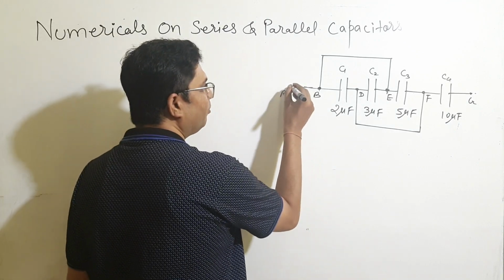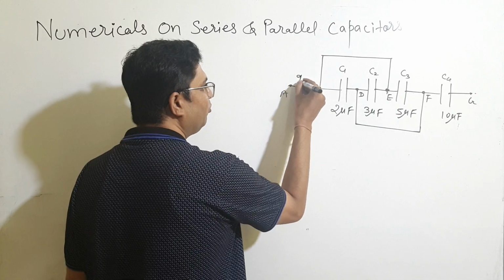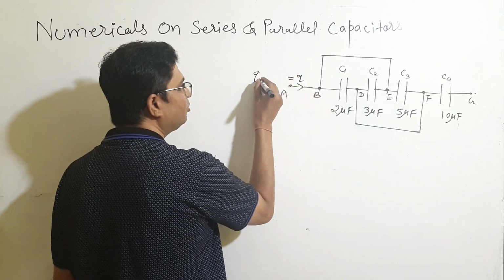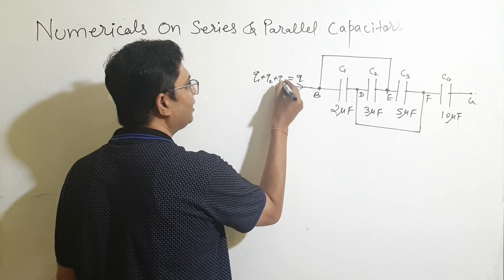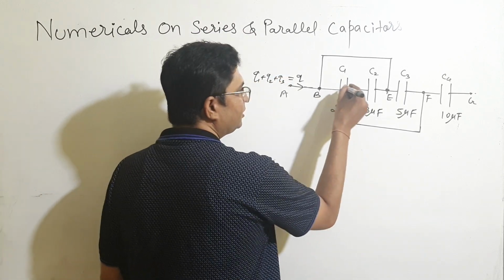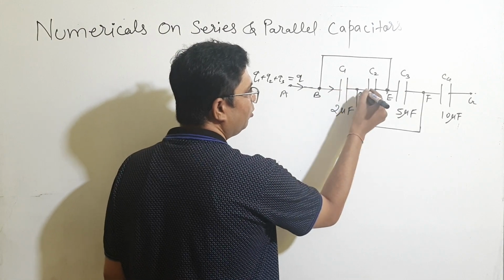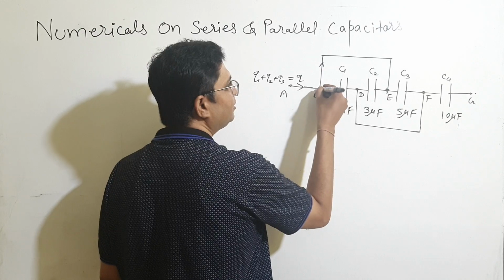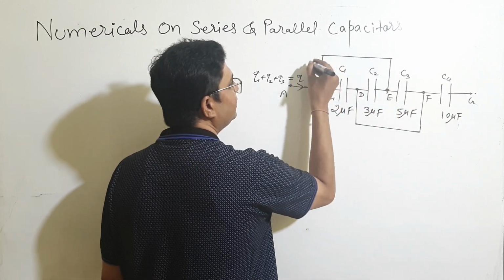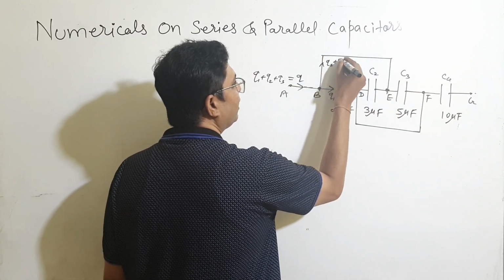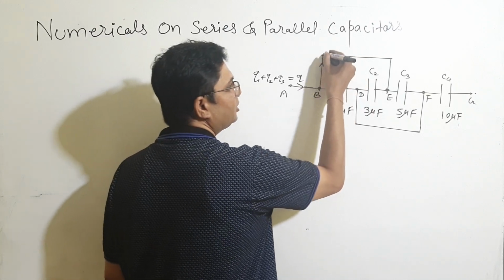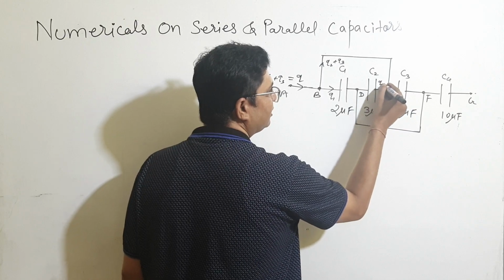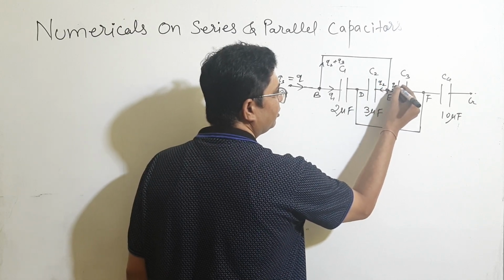Now, here from A to B, let charge Q be delivered. Let charge Q equal Q1 plus Q2 plus Q3. Then the charge from B to D will be Q1, and the charge from B to E is Q2 plus Q3. This charge, when it reaches the point, divides into two parts: Q2 and Q3.